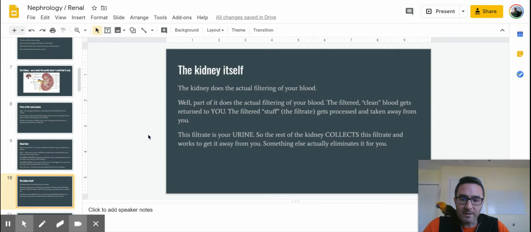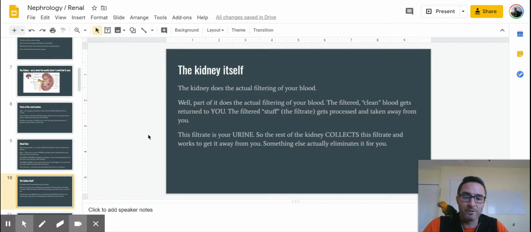It filters out, you don't want to say dirty blood, but it filters out certain substances from your blood, and then the clean stuff gets returned to you. And then the filtered stuff gets taken away from you.